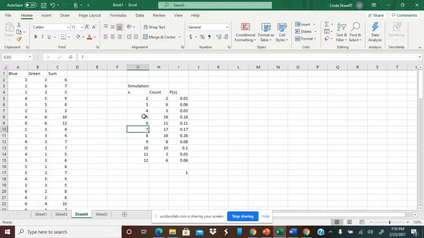But it turns out that just happened in the simulation, but this gives you an idea of what might be happening here. So anyway, that's what we have for our simulation. But now, Linda, on the same page, we're going to make a little grid, and we're going to figure out theoretically what it is.